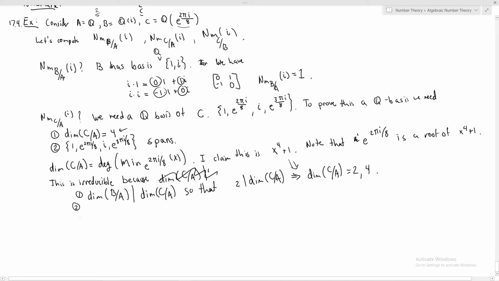And it's not 2, since C is not equal to B, since, well, one way to tell is that Q adjoin i has no 8th roots of unity.